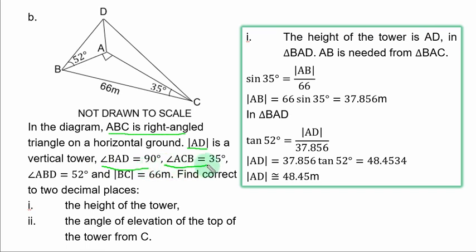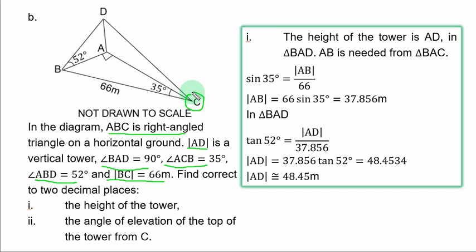Angle ACB is 35 degrees, and angle ABD is 52 degrees, and BC is 66 meters. Find, correct to 2 decimal places: Figure 1, the height of the tower. Figure 2, the angle of elevation of the top of the tower from C. From this point, you get the angle of elevation.